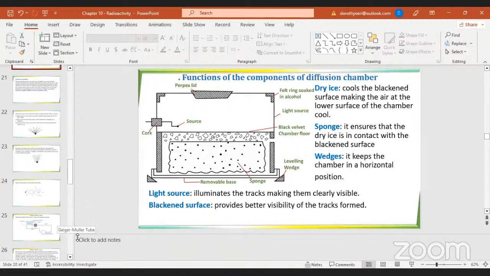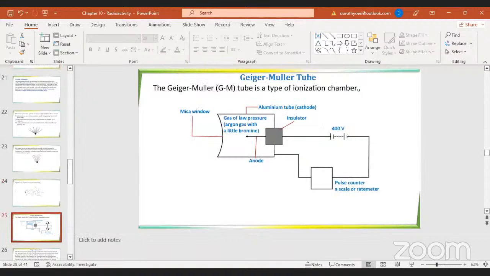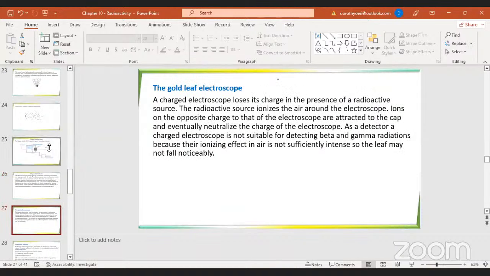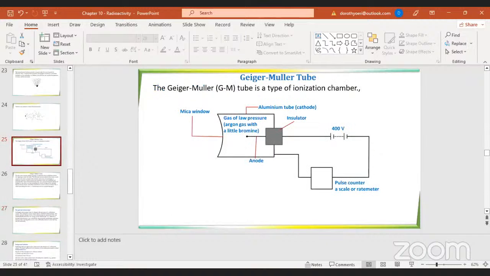That is how the GM tube looks like. And the gold leaf, we're doing that in class. Any question after there? Because I want to stop the lesson at this point.